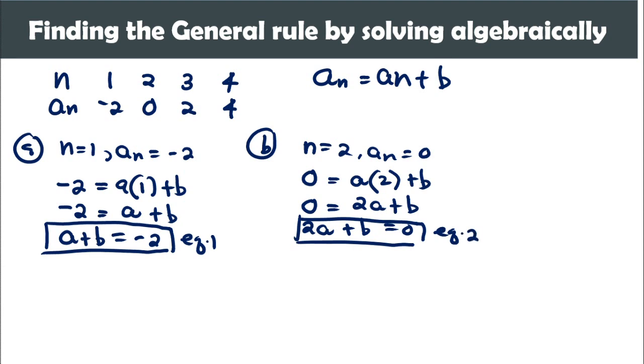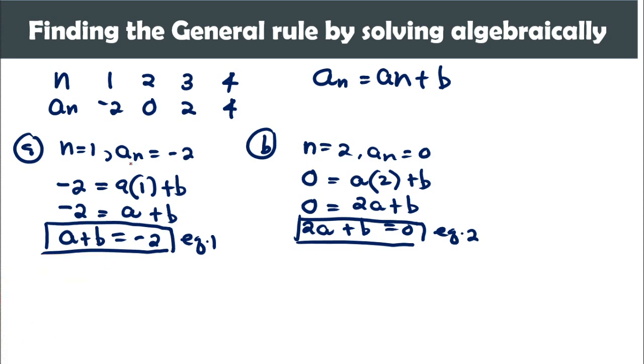Now, to find the values of a and b, since we have already the two equations, we are going to eliminate the value of b so that we can find the value of a. And how to do that? We are going to subtract equation 1 from equation 2.